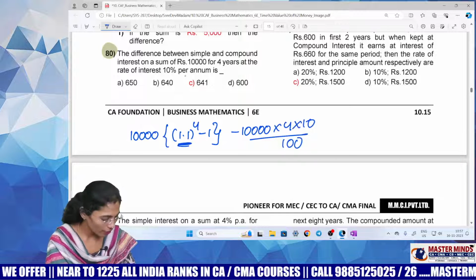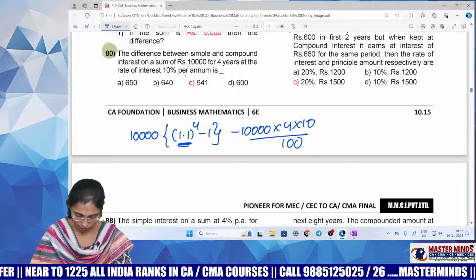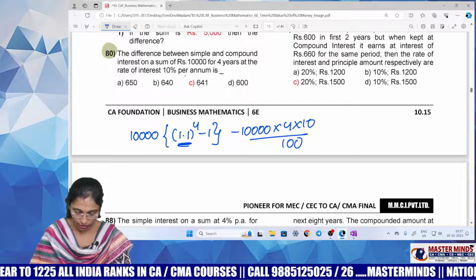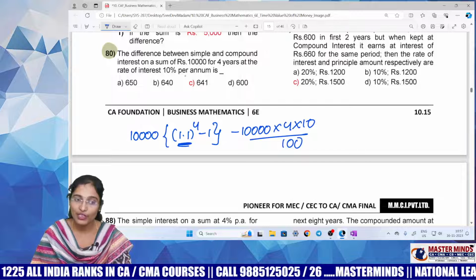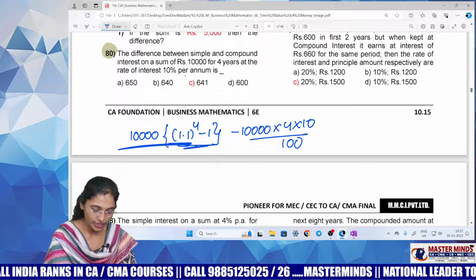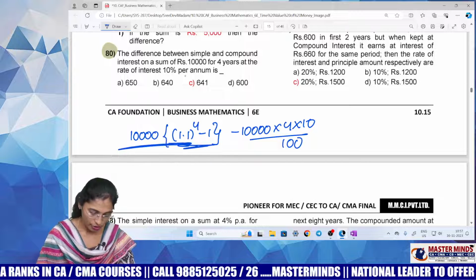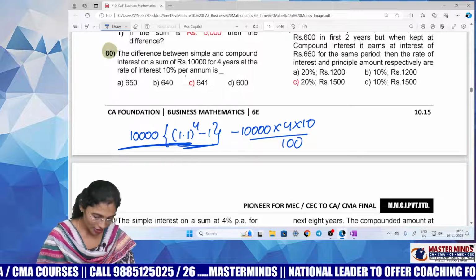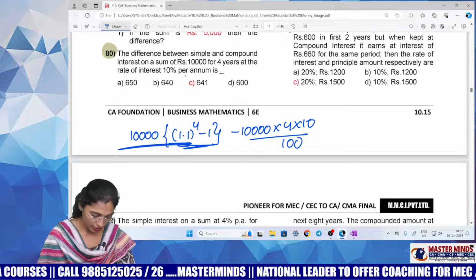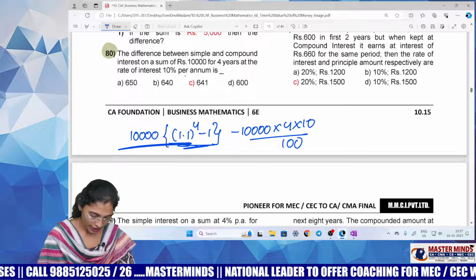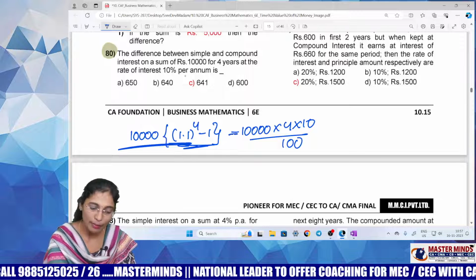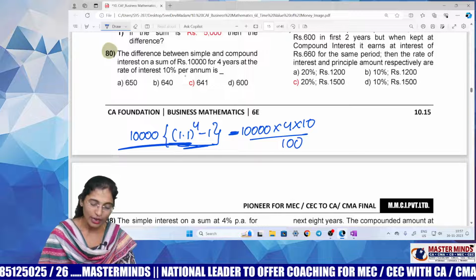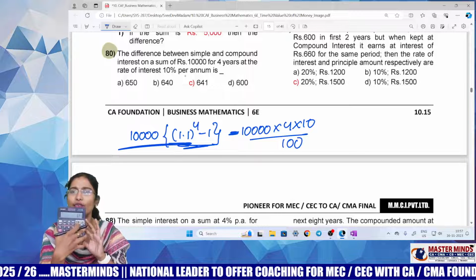Calculate 1.1 whole power 4 first. 1.4641 minus 1 into 10,000. The symbol behind it is plus, so I'm using M plus. Next, 10,000 into 4 into 10 by 100, M minus, because the symbol behind it is minus. So MRC, I got my answer as 641.